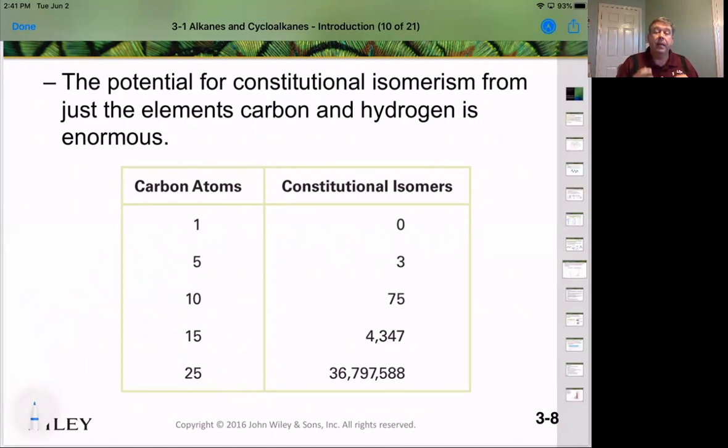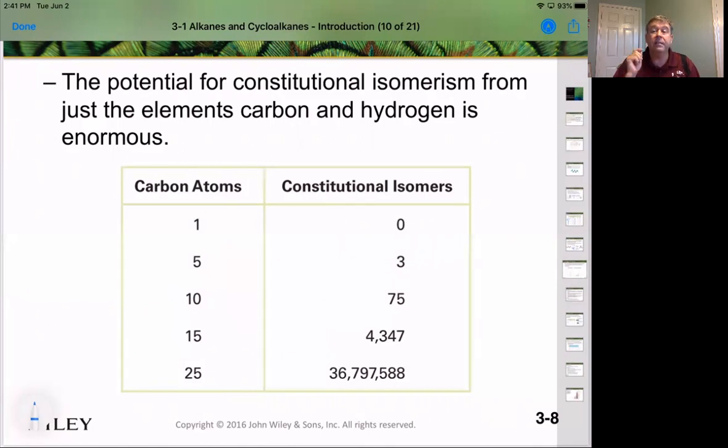If we double that to go up to 10, we end up with 75 constitutional isomers. When we go to 15 carbons, that goes into 4,000. And by the time we get to 25 carbons, there are over 36 million different isomers available with just carbon and hydrogen. So the variety of these things is really, really high.